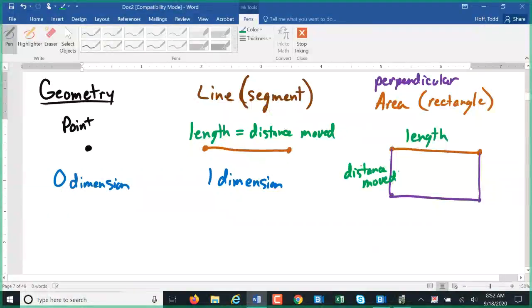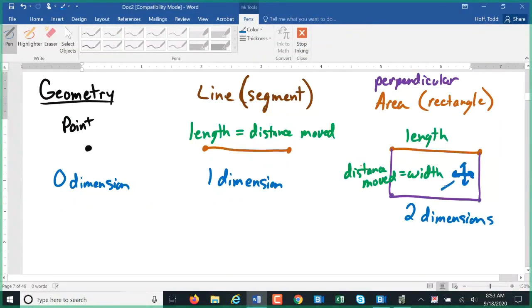That distance moved, though, now is usually referred to as a width, so that we can distinguish it from that original length. This is now two-dimensional. Two dimensions, because if I'm in the rectangle, I can move in two directions. I can move side to side, or I can move up and down, and I stay within the rectangle.